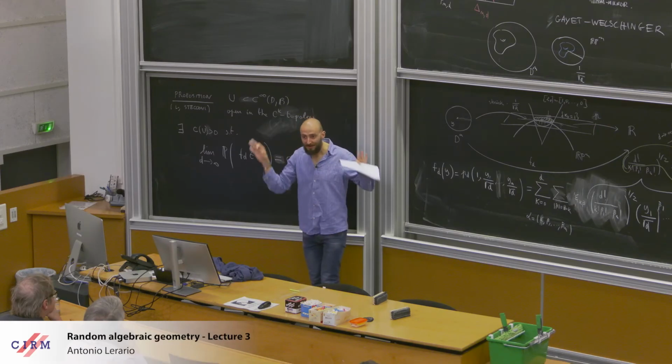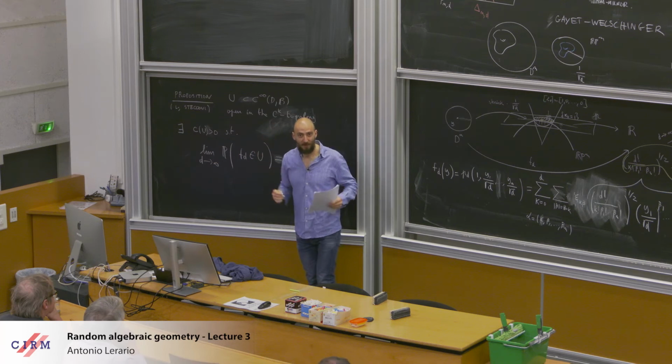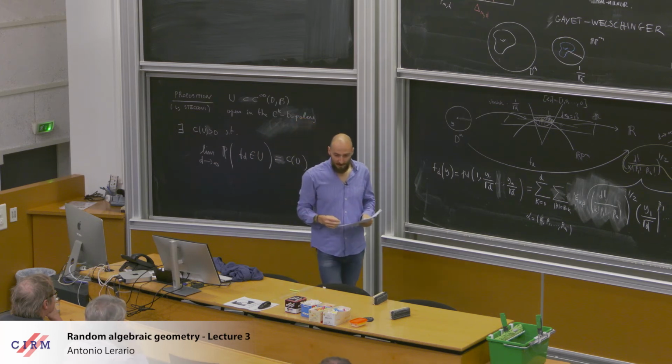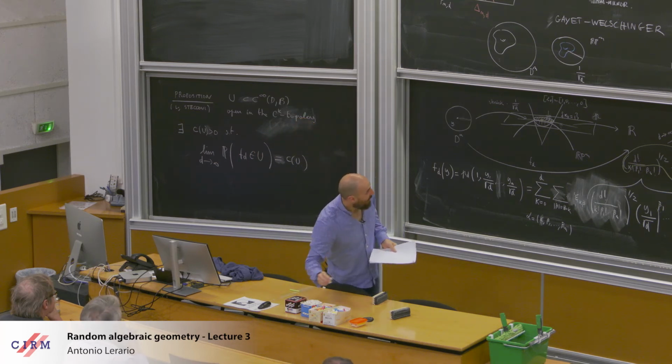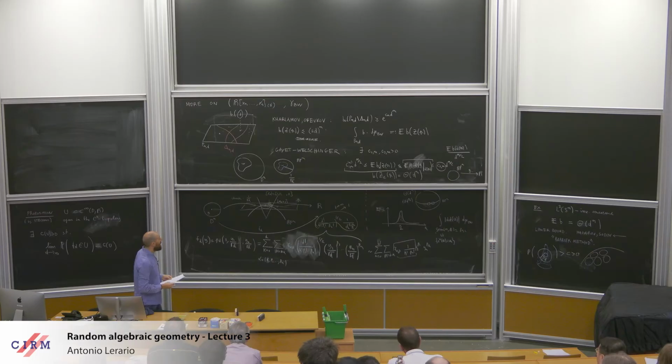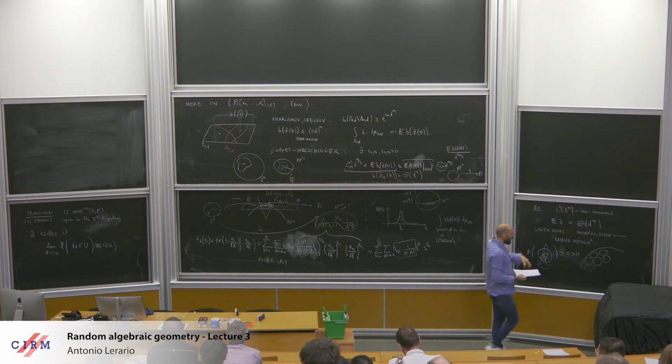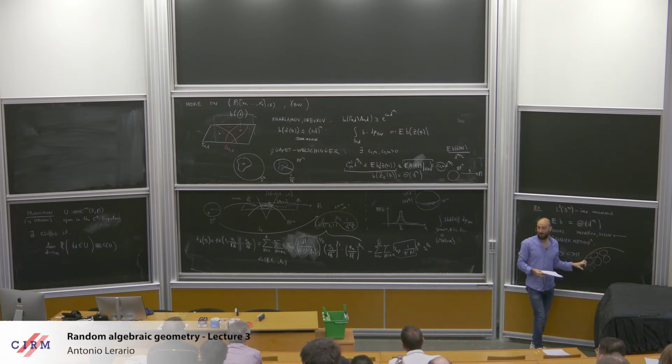But ignore the sentence I just said. Maybe it's just confusing, okay? So this is about the local behavior of your zero set. In some sense it tells you can recollect the global behavior by something which is local.